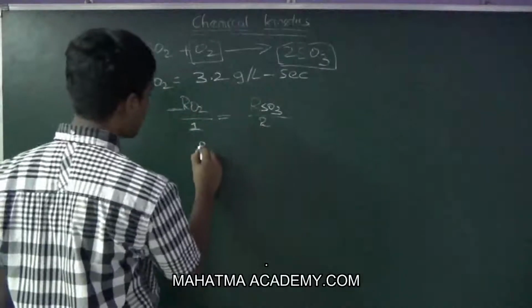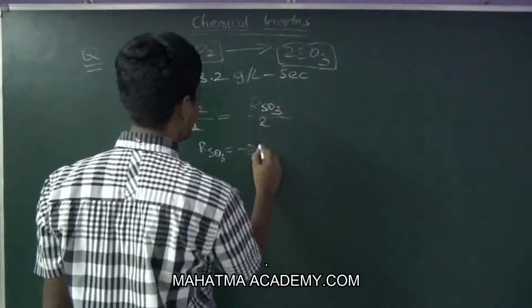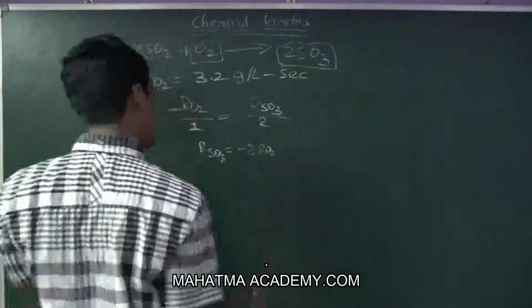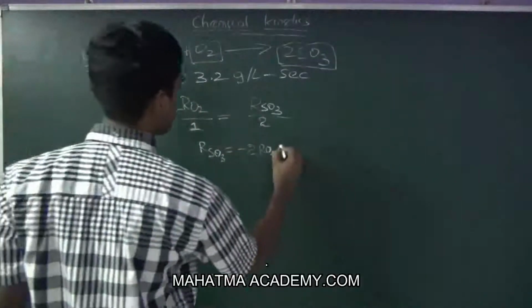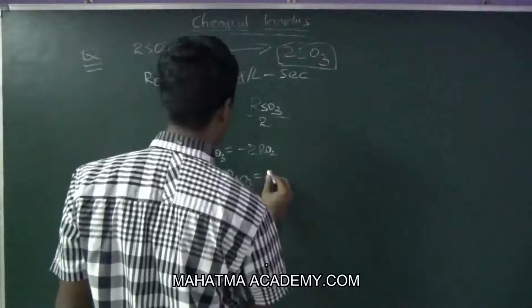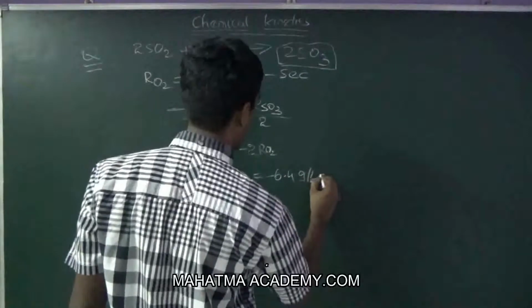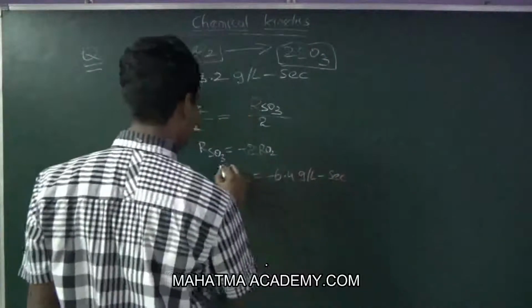Now R of SO3 is equal to minus 2 of RO2. Now it will become R of SO3 is equal to 6.4 gram per liter second.